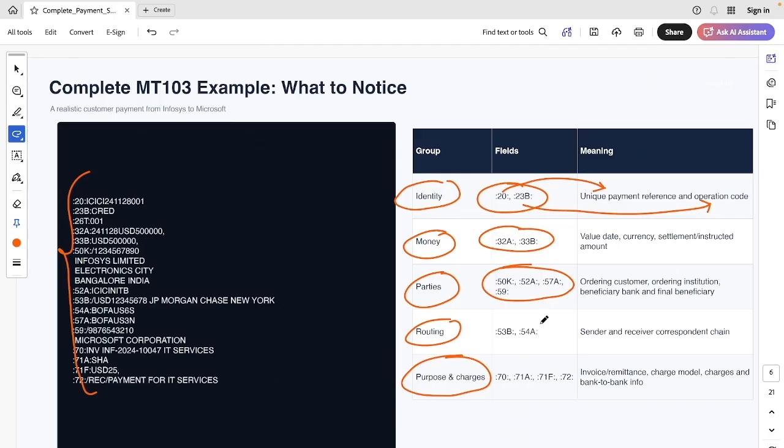This shows the correspondent banks which are involved in the chain. Fifth is the purpose and charges. For example, field 70 tells about the remittance information. Field 71A tells how the charges are going to be handled. Field 72 tells about the instructions between the banks.